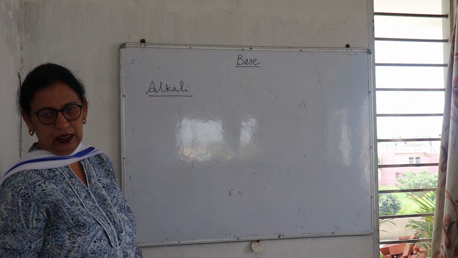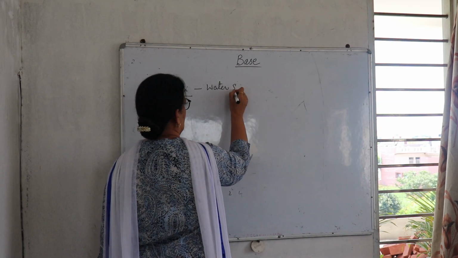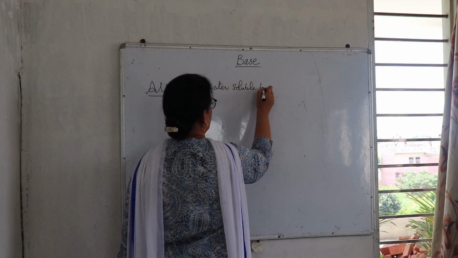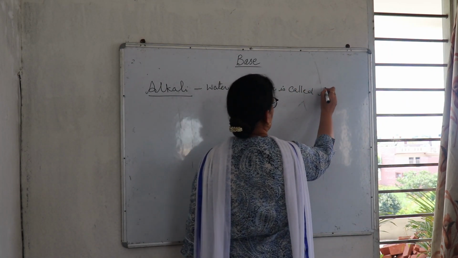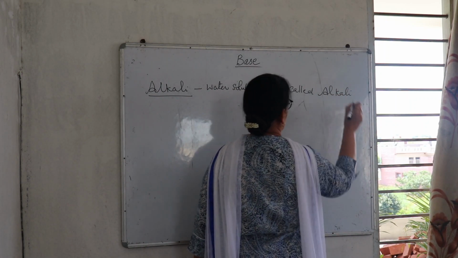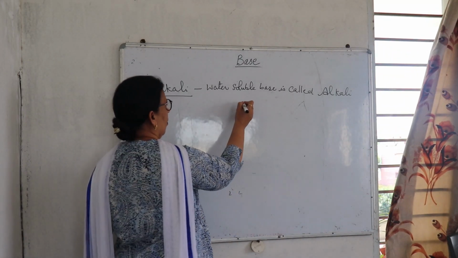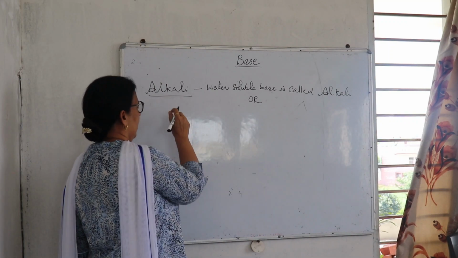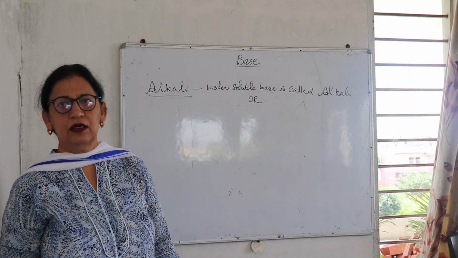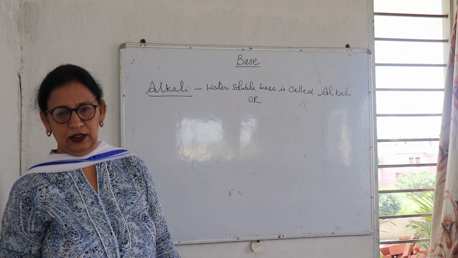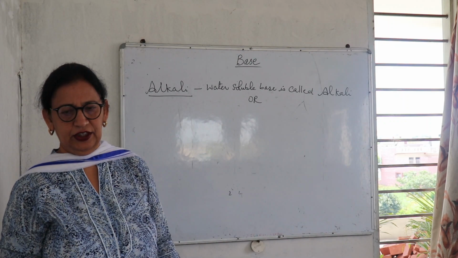Alkali. Water soluble base. Water soluble base is called alkali, or we can say an alkali is a basic hydroxide which, when dissolved in water, produces hydroxyl ion as the only negatively charged ion.